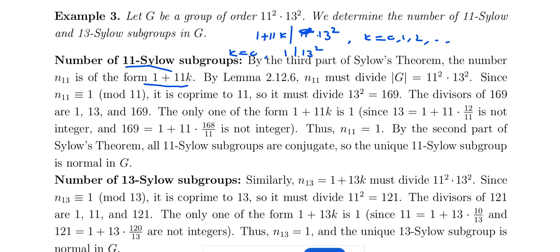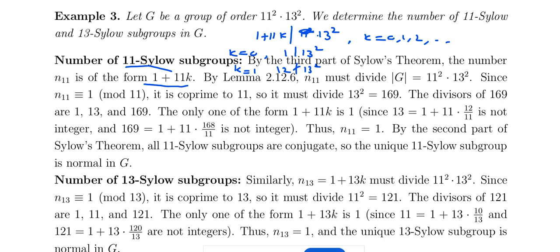When you take k equal to 1, then 12 comes, and 12 doesn't divide 13 square. We can go on checking like this. Taking k equal to 2, 11 twos are 22, 22 plus 1 is 23, and 23 also doesn't divide 13 square.